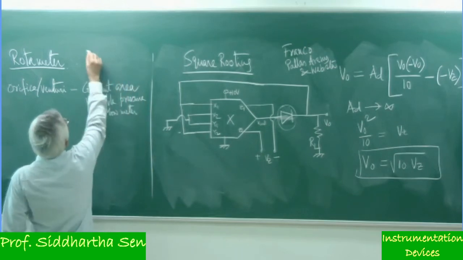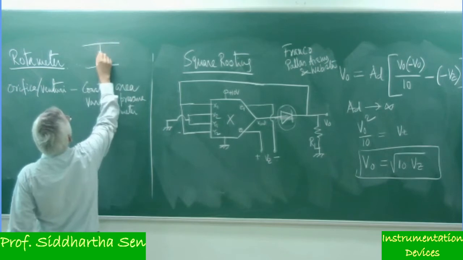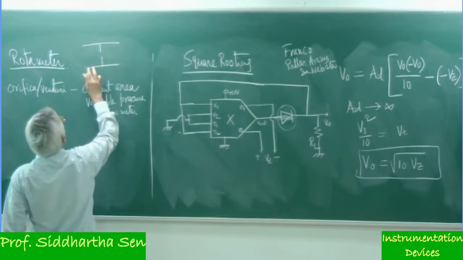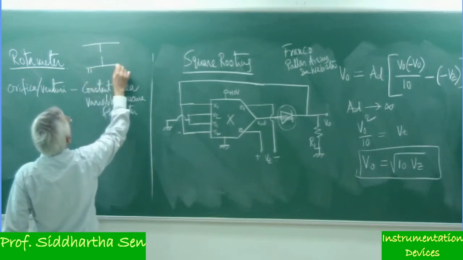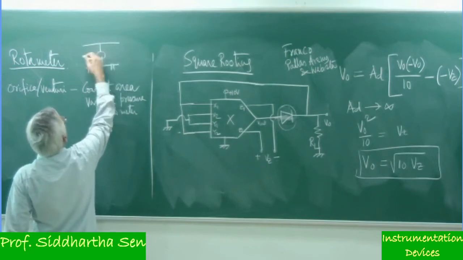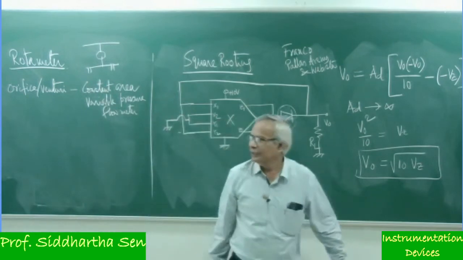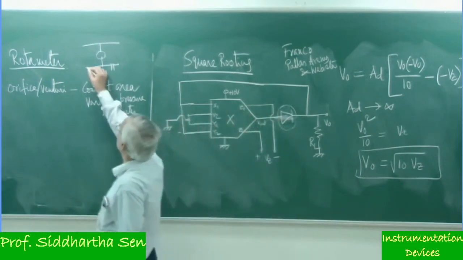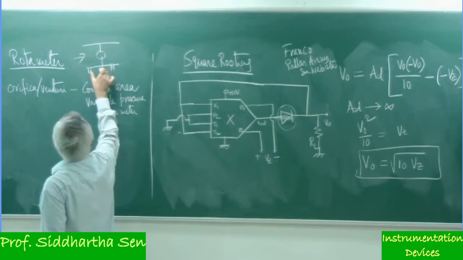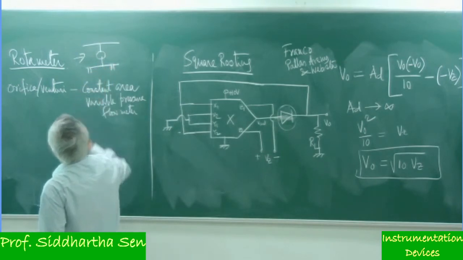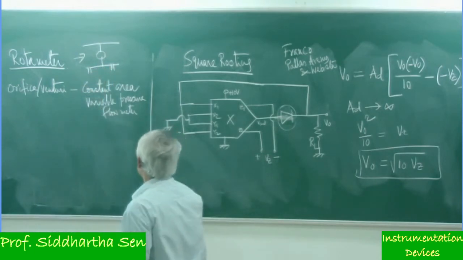Because this was an orifice, the orifice plate area, this opening area, is always constant, and depending upon the flow rate, the pressure drop between P1 and P2 changes.